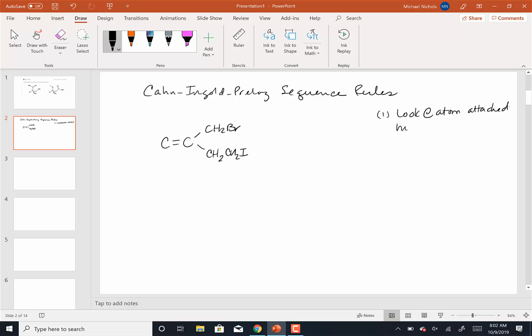And the highest atomic number wins. So in this case, we've got a carbon and another carbon. If it was carbon versus oxygen, oxygen would win. That's the first thing we do.